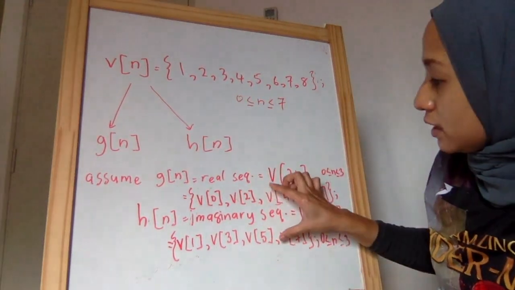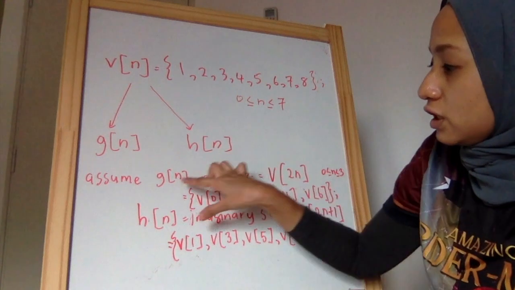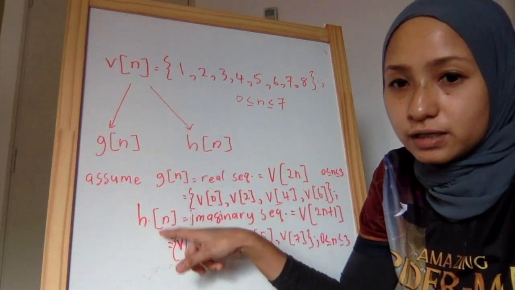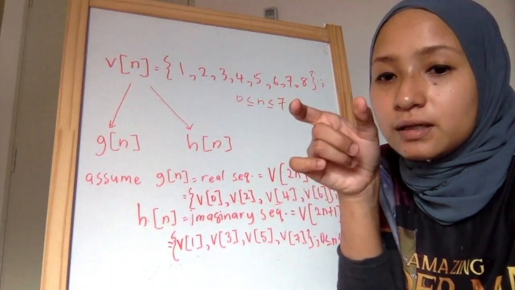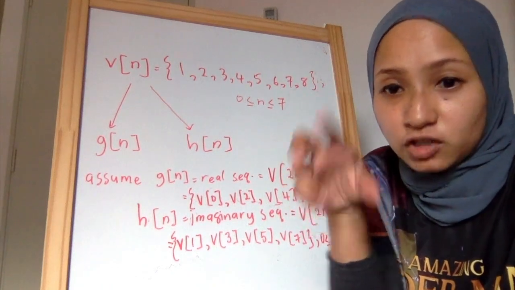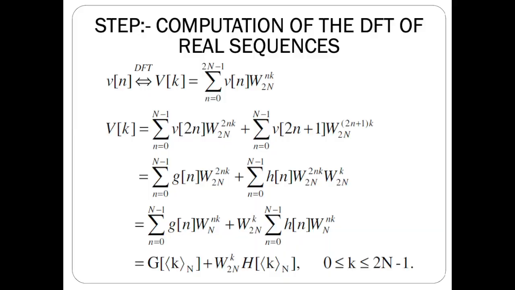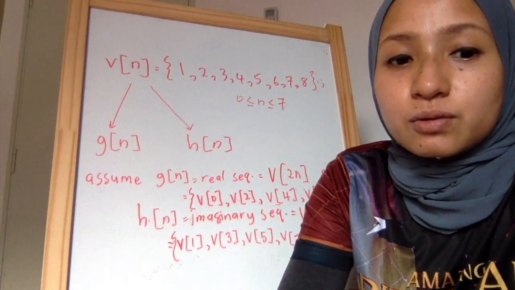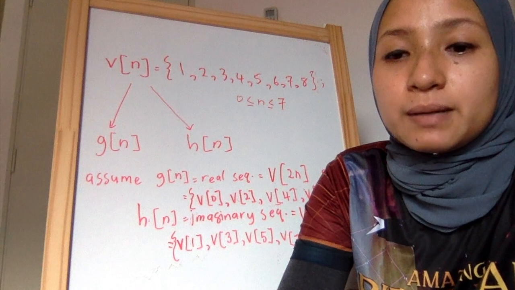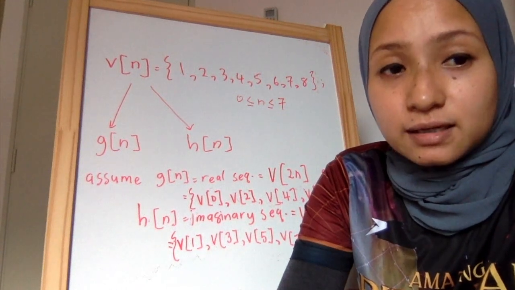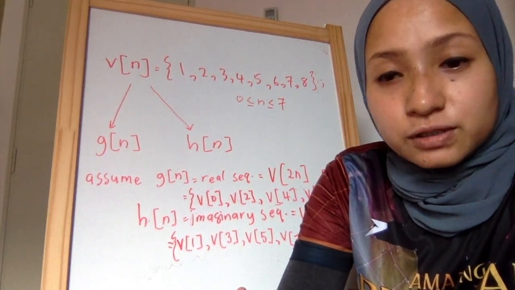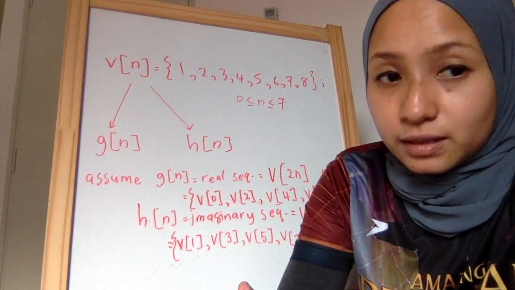That means we need to combine these two, GK and HK, after we find them. Use the last equation in slide number 23: Vk equals Gk plus W2N^k Hk. So please make sure you remember this equation. This second equation you have to remember for this chapter.